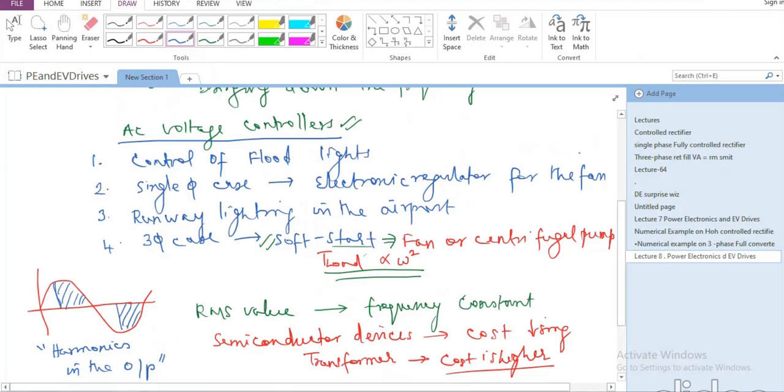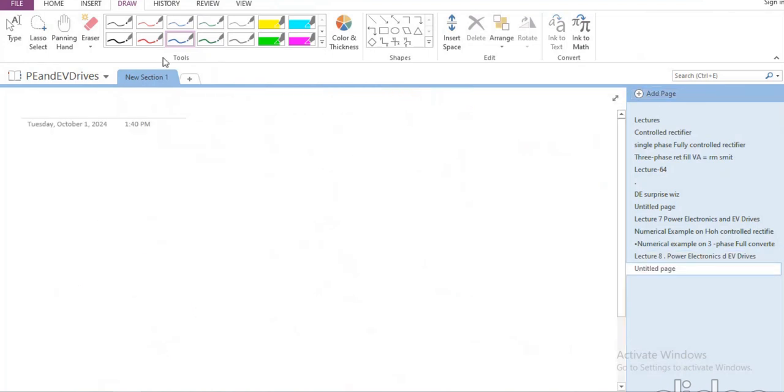So having said that, now let us look at how the AC voltage controller works. Let's start with the single phase AC voltage controller.